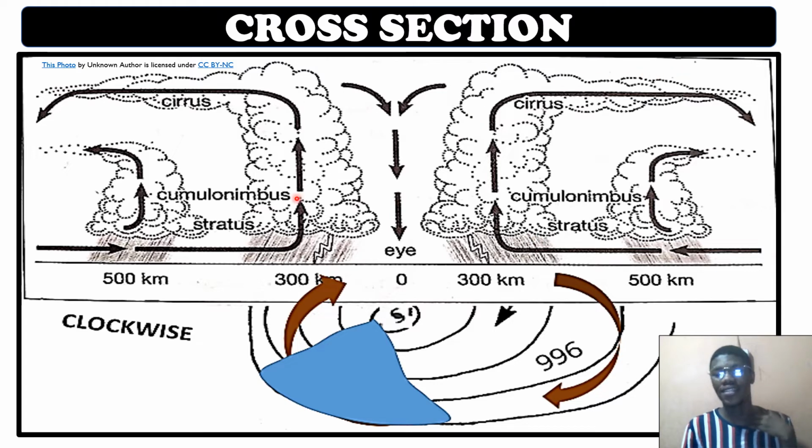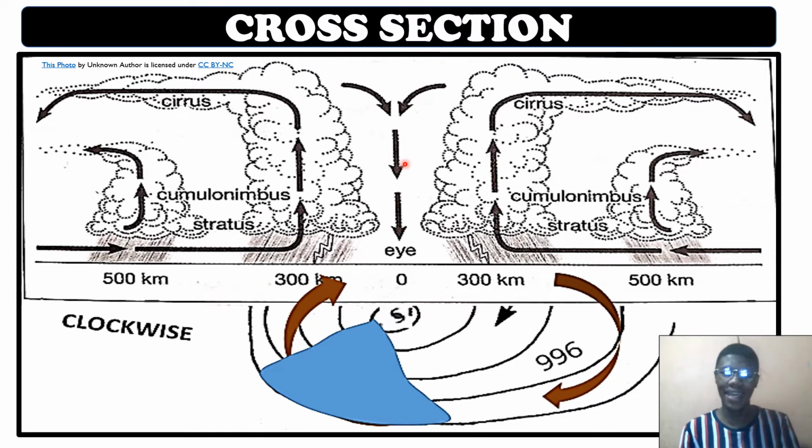And what's going to happen to this air when it gets to the top? As it is cooled, it's going to form our cold air. And remember that cold air always diverges. It's going to diverge at the top, as shown by the arrows. And remember, most of the air that is filling up the upper atmosphere is cold air. And this cold air is going to sink and enter the system.